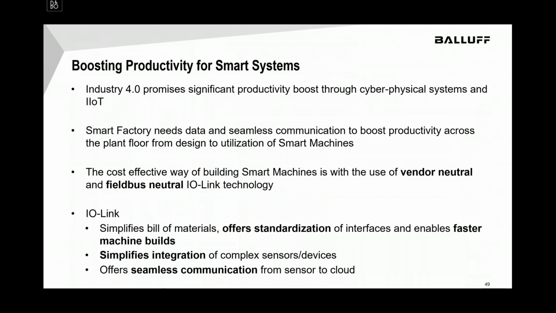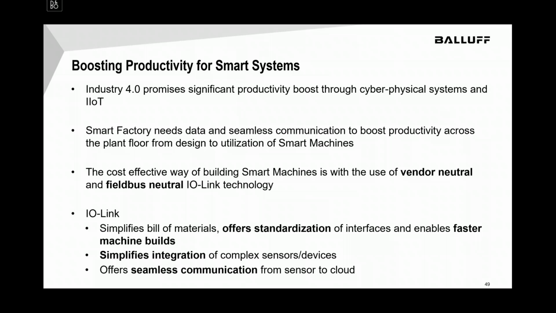So having said that, I think I took a lot of your time. Hopefully this was helpful. In order for us to get to that Industry 4.0 with our systems, you need smart factories with smart machines, which entails adopting the technologies of smarter devices.